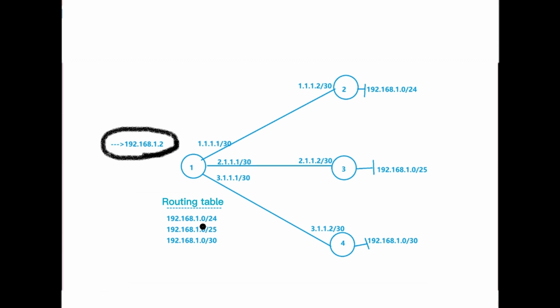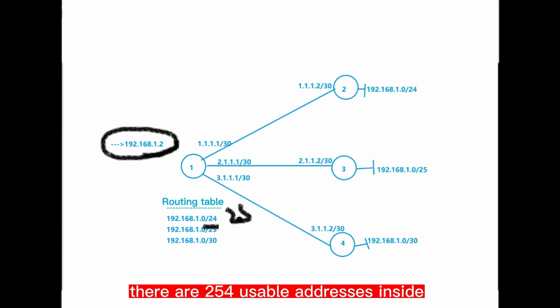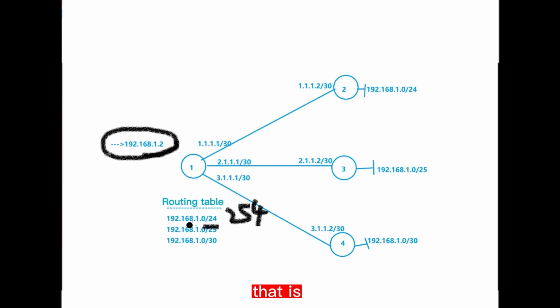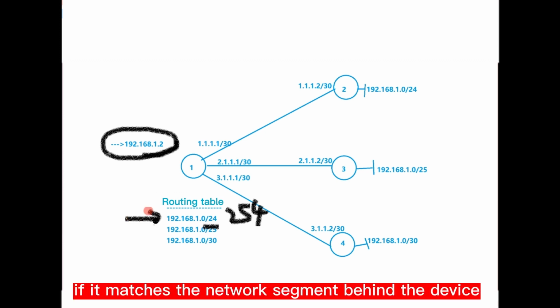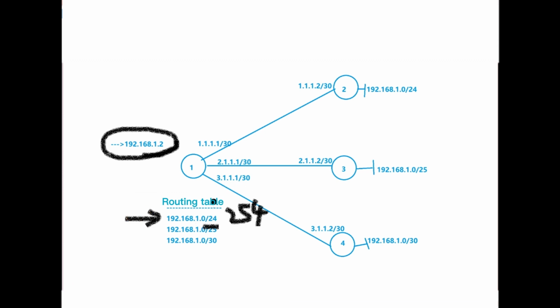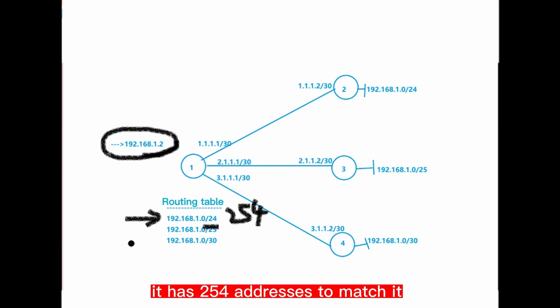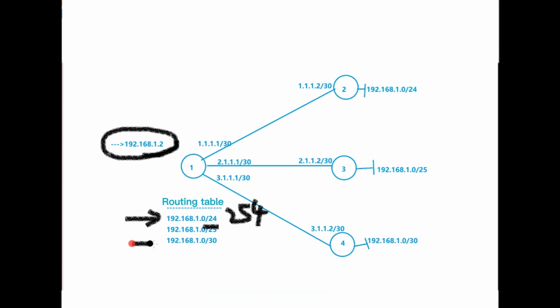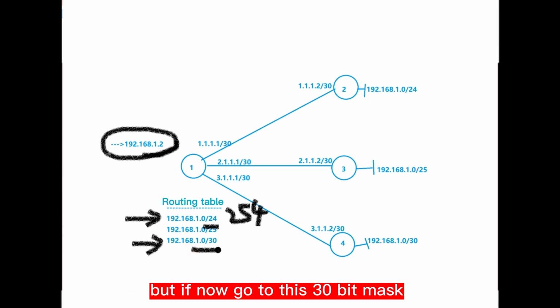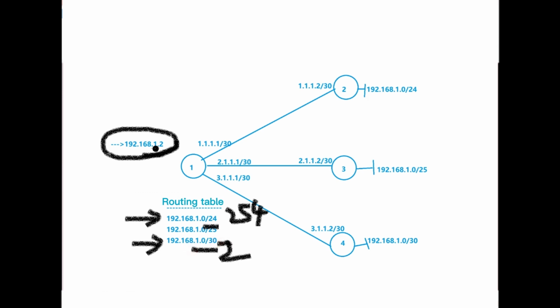For a 24-bit mask, there are 254 usable addresses inside. That is, if it matches the network segment behind the device, it has 254 addresses to match. But with this 30-bit mask, it only has 2 precise addresses in it.